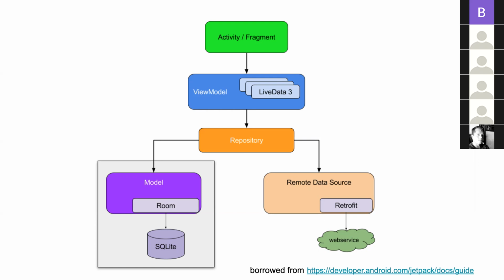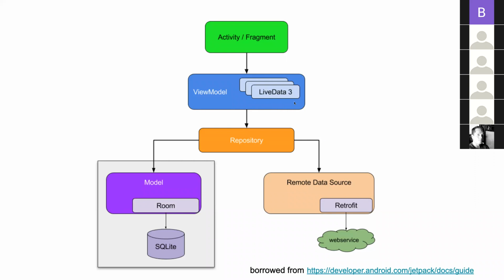Part of that is this diagram, which basically is telling you, so your activity or fragment, this is basically, if you may have heard of MVVM architecture, model, view, view model.